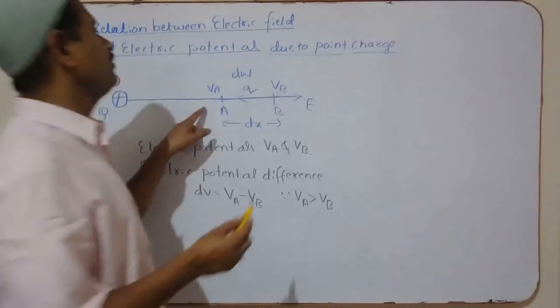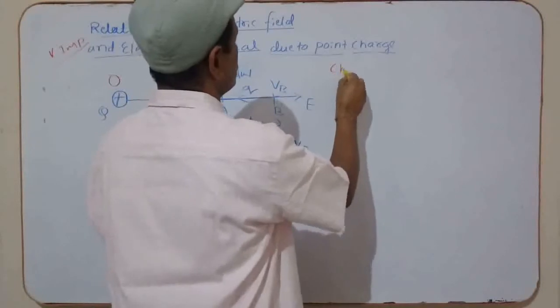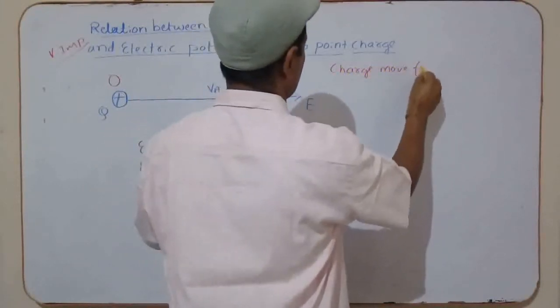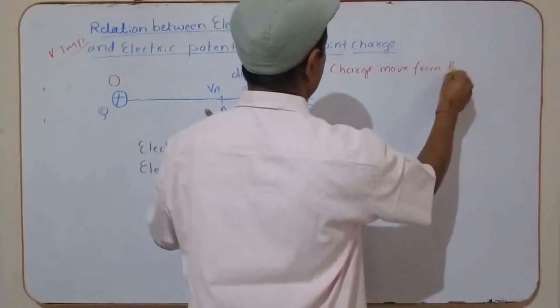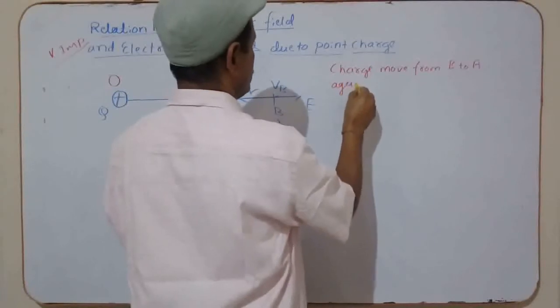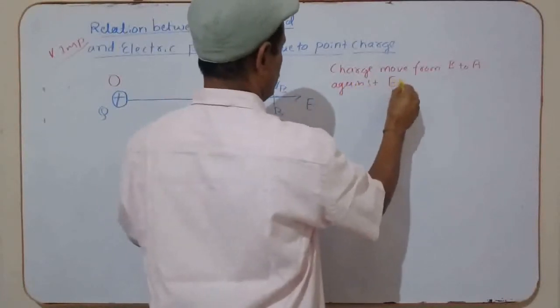Now the charge moves from B to A against the electric field.